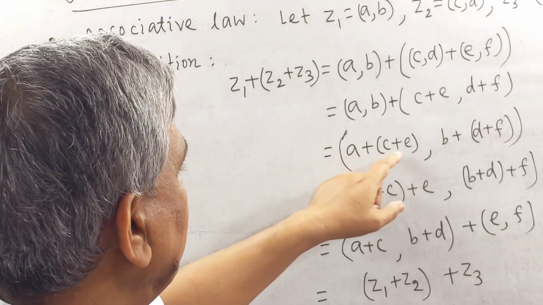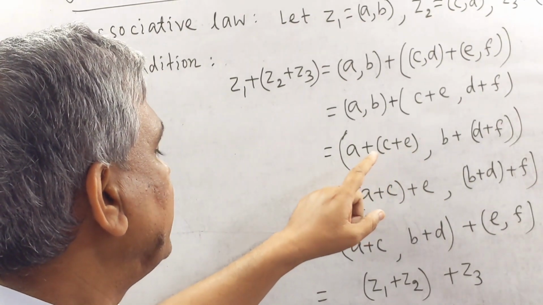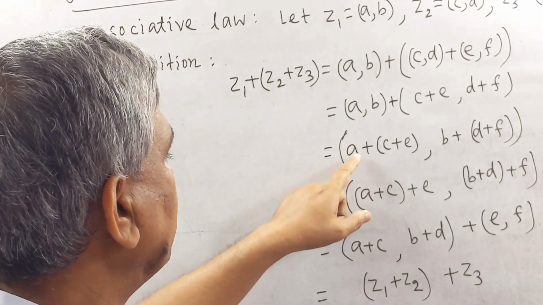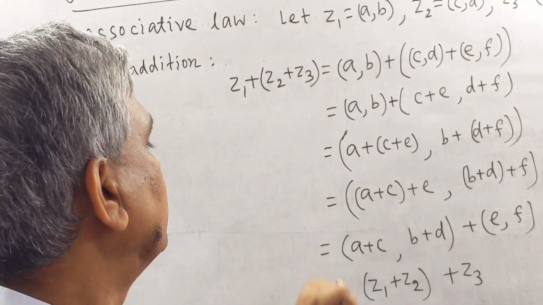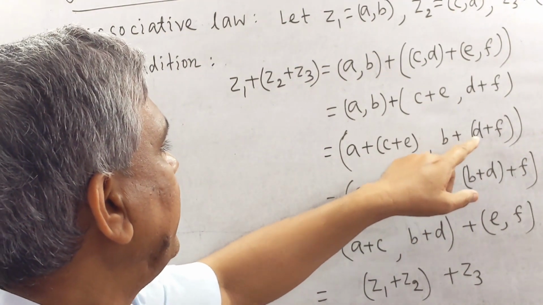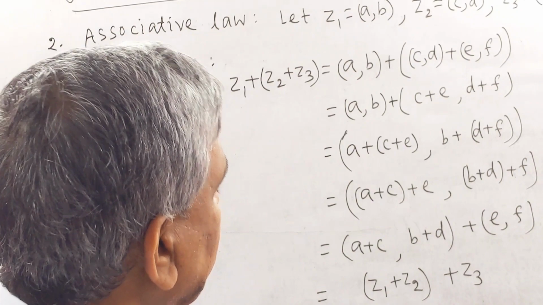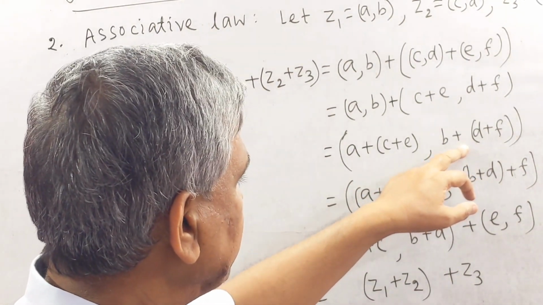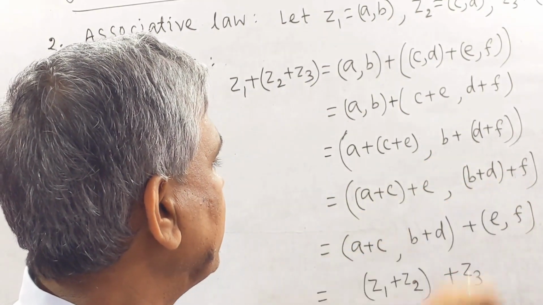Since a, c, e are real numbers, associative law for addition holds in real numbers. So we may write (a plus c) plus e. Here also b, d, e, f are real numbers and associative law holds in the real numbers for addition. So we may write (b plus d) plus f.